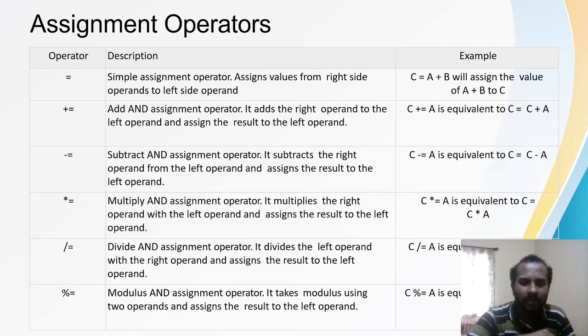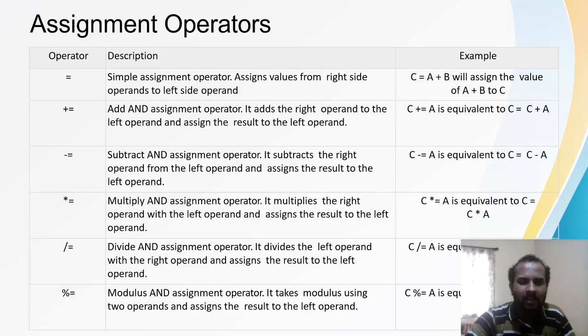For example, let us consider C value is 1 and A value is 2. So C is equal to C plus A, that is C is 1 and A is 2. 1 plus 2 will be 3 and 3 will be assigned to C. Now C value is 3. Let us take another example, minus is equal to. Let us expand this one.